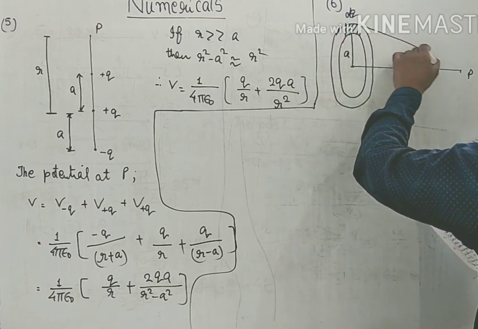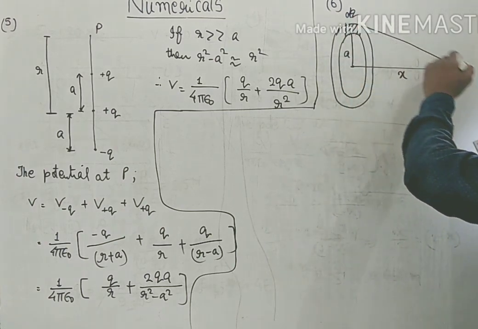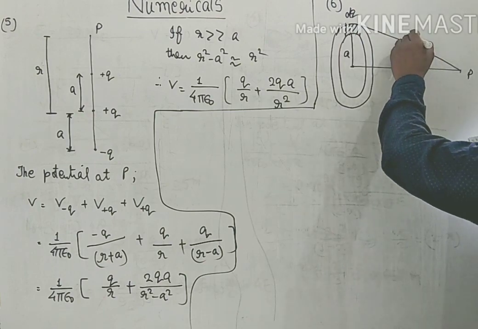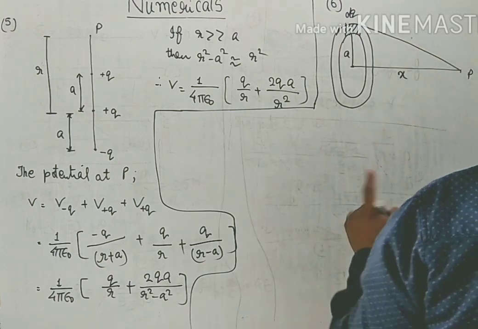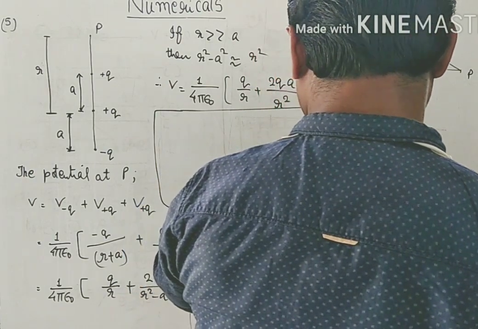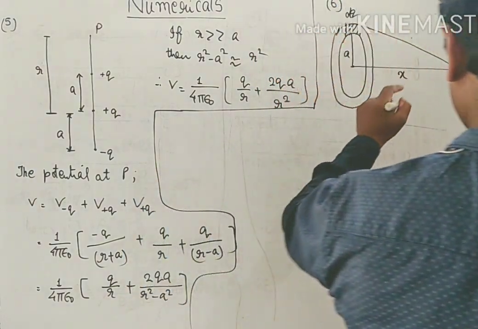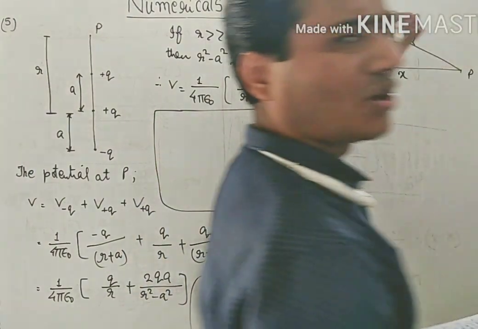The distance of this element from this point, let me call it small r.